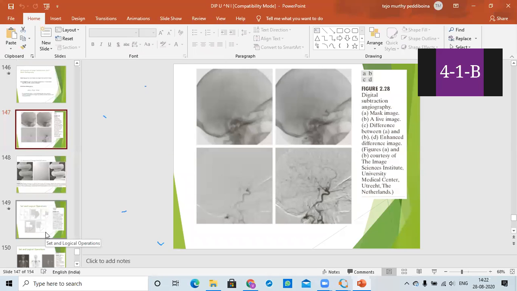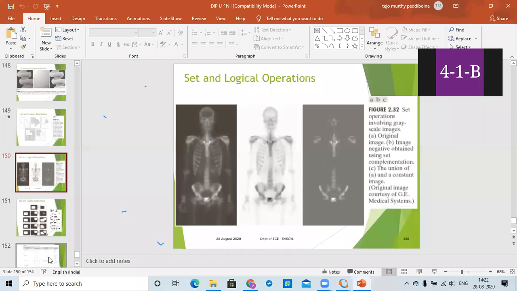So subtraction is useful for image processing operations like angiogram, where we need to extract only the desired patterns from the angiogram, the nerves, where exactly it has been blocked, by taking one mask image and subtracting it from the live image. Both can be subtracted so that we can get only the nerves part.